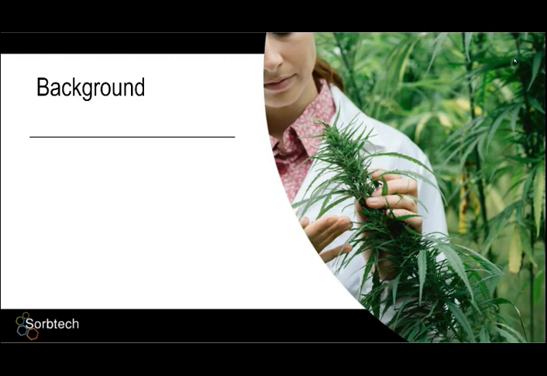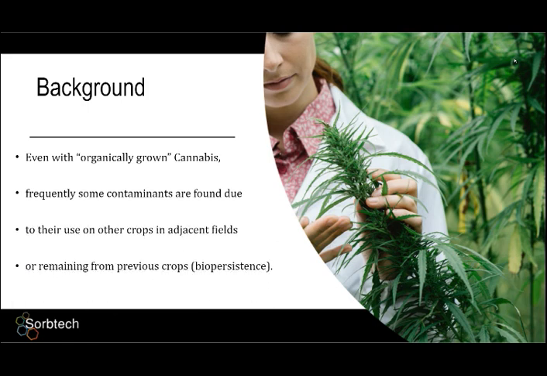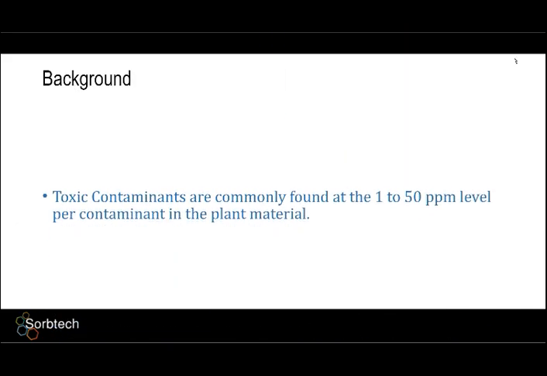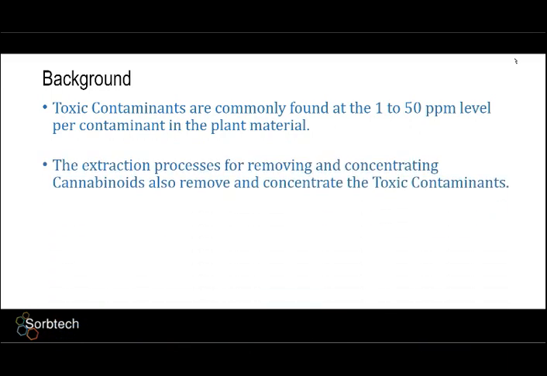So even with organically grown cannabis, frequently some contaminants are found due to their use on crops in adjacent fields or remaining from previous crops due to biopersistence. The toxic contaminants are commonly found at the 1 to 50 ppm level per contaminant in the plant material.